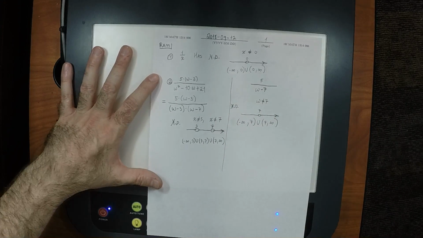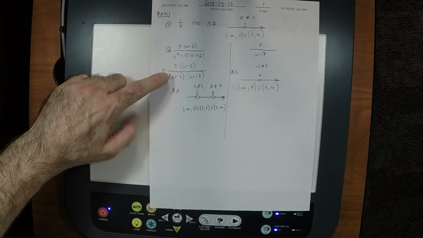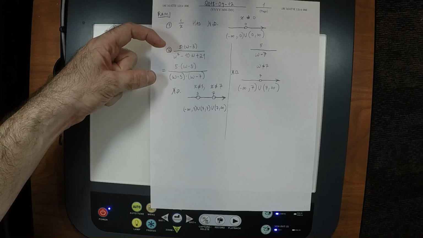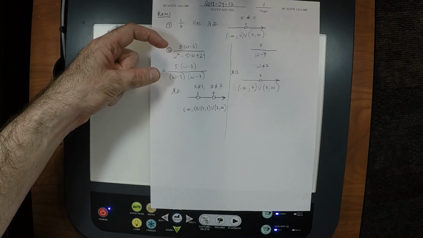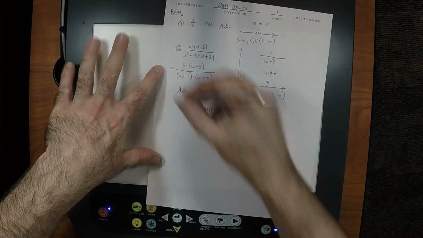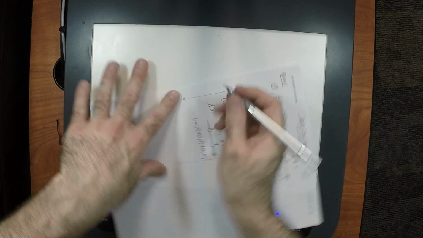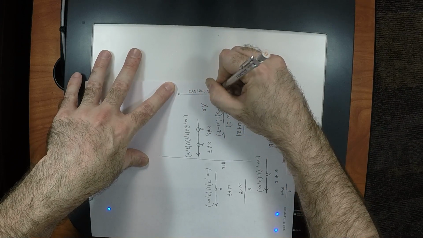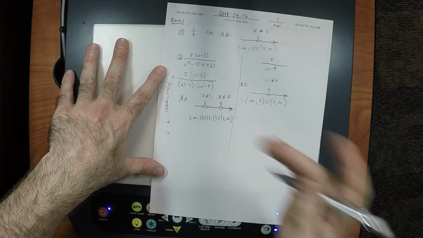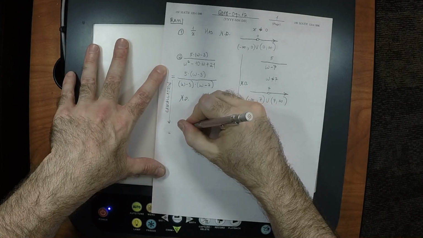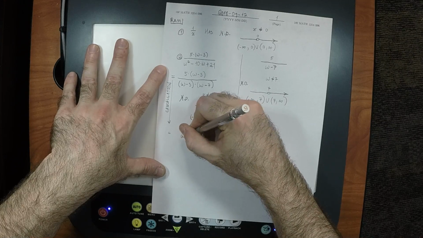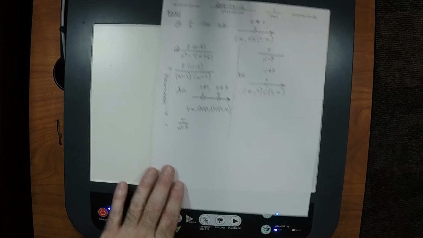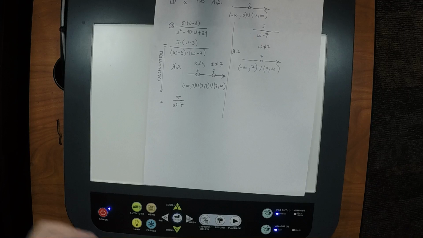Okay, but now here's the rub. Concerning this expression right here and that one, because these two are equivalent, can you perform a cancellation? You can, so we're going to make a cancellation. And when you do that, what do you get? 5 over w minus 7. So then making these two parallel considerations, I have a question for you.